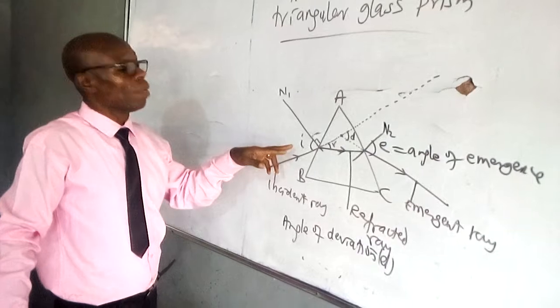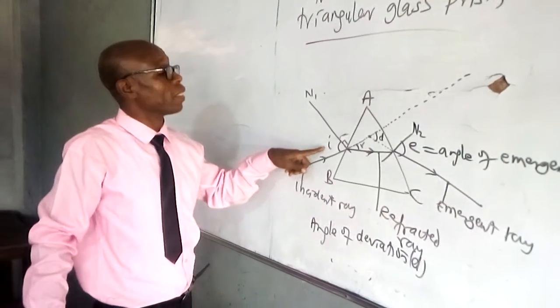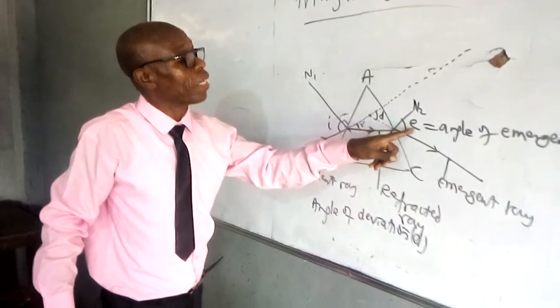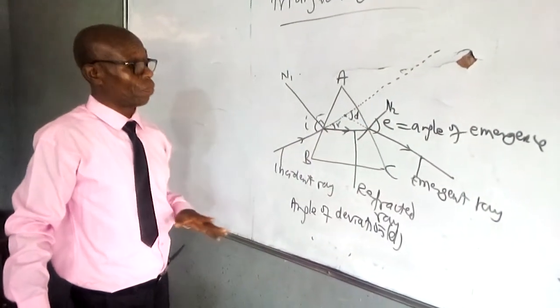If we keep varying the angle of incidence, the angle of deviation and angle of emergence will be changing.